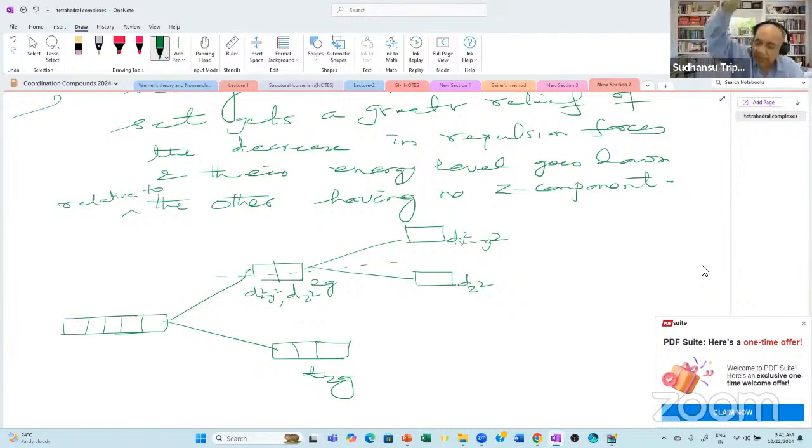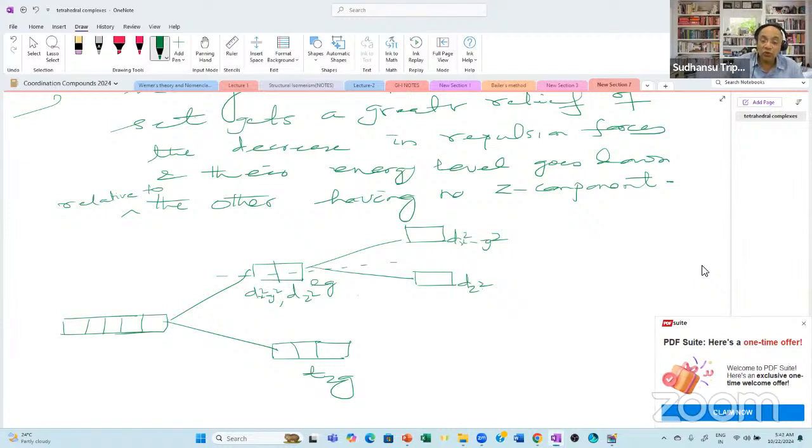Repulsion decreased to a greater extent means it will be relatively attractive effect, so its energy will go down. Decrease in repulsion relatively more is equivalent to relative attraction.